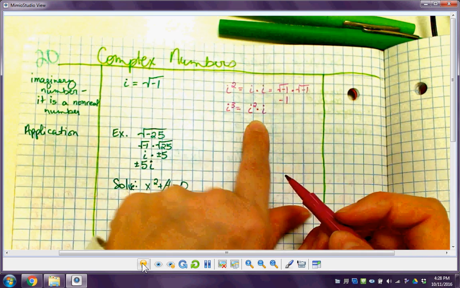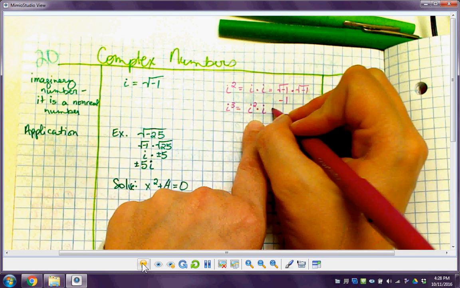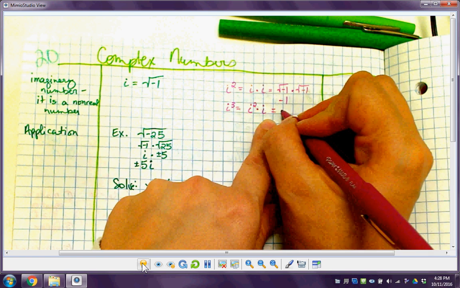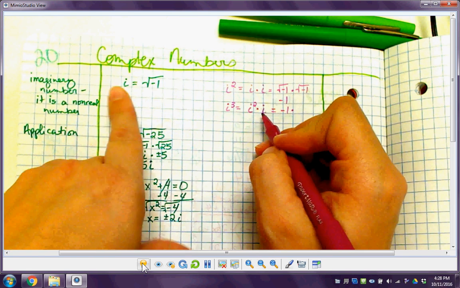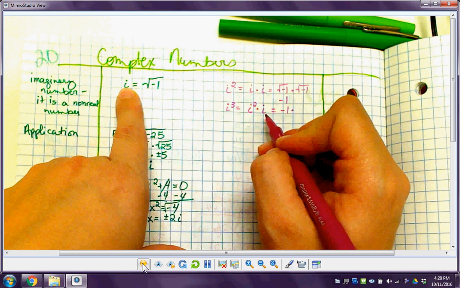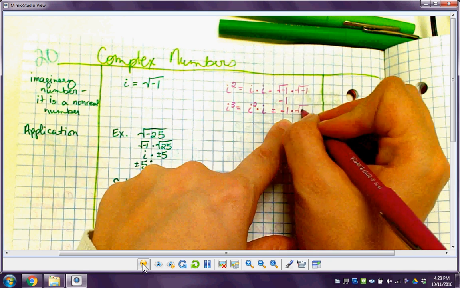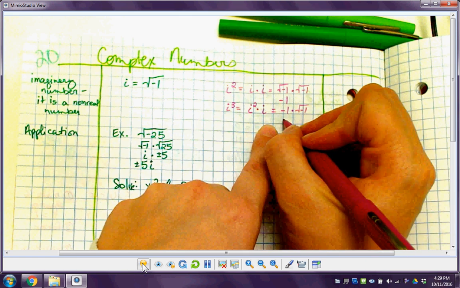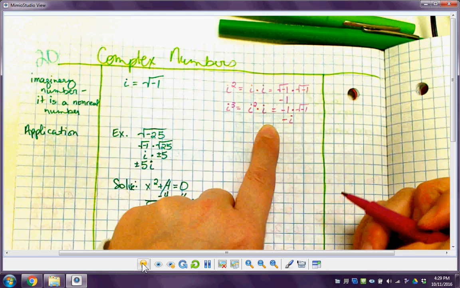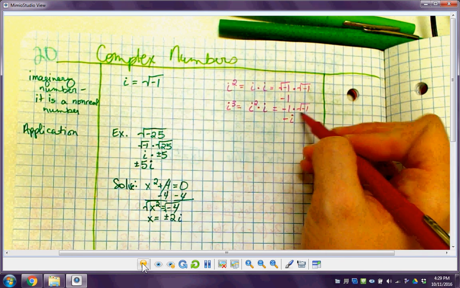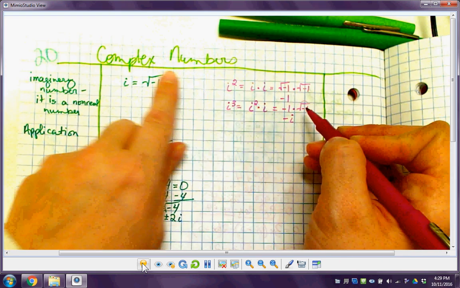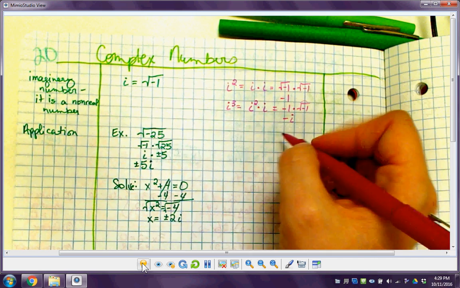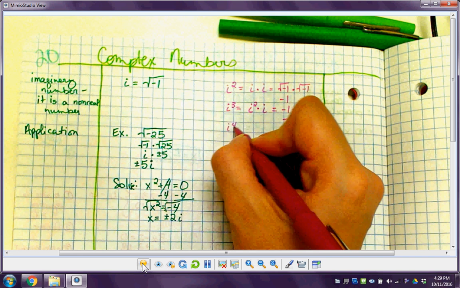Well, we just learned that i squared is -1, and we learned that i is the square root of -1. So this can be simplified as -i. I didn't leave this as square root of -1. Square root of -1 is i, so I put it as i. It's -i.